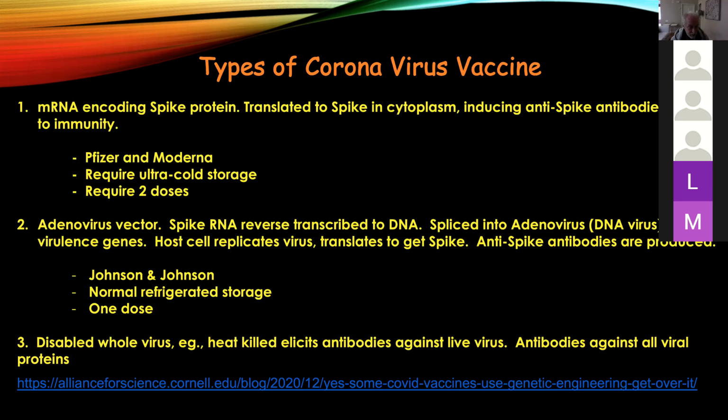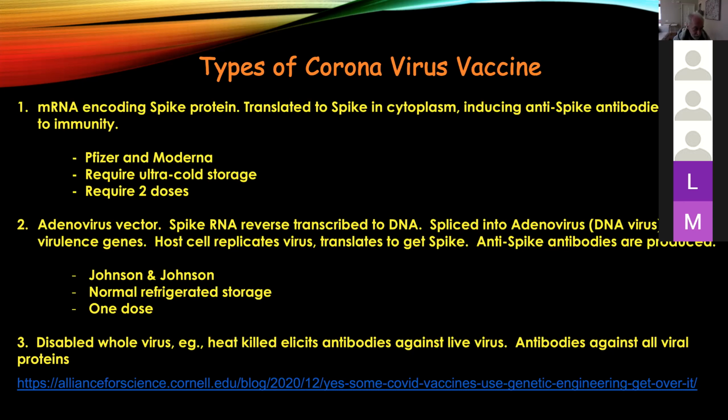There are 2 vaccines of this type, one from Pfizer and one from Moderna. The one that I got was the Moderna. They're both very fragile, require ultra cold storage, minus 80 degrees centigrade, and they both require 2 doses in order to achieve full immunity.